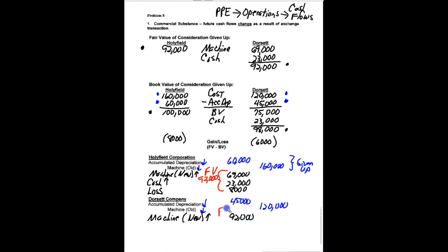I have two debits and a credit. I need another debit of $6,000 to balance, and that's the loss on this transaction. Okay, so that's commercial substance, and we have losses that are recognized immediately.